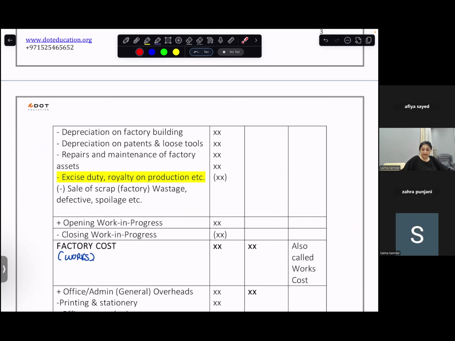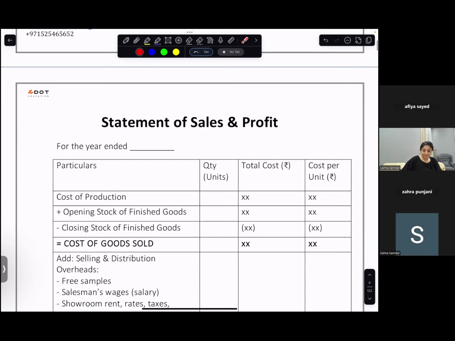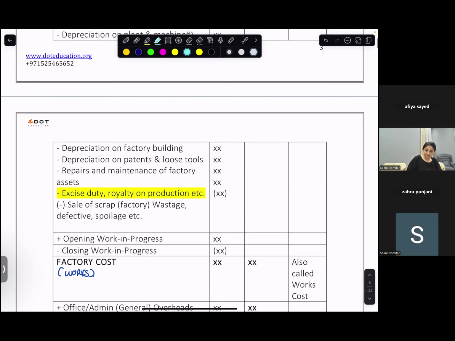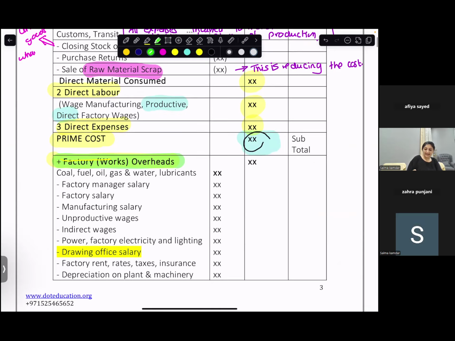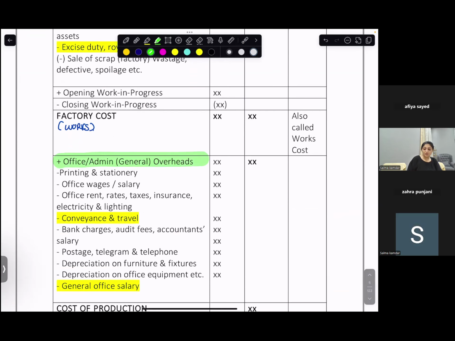Very good. Now I move ahead. In the works cost, you will add your other overheads. Your other overheads is your office and administration overheads. Office and administration is also called general.